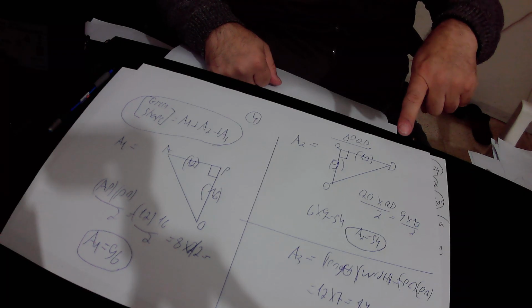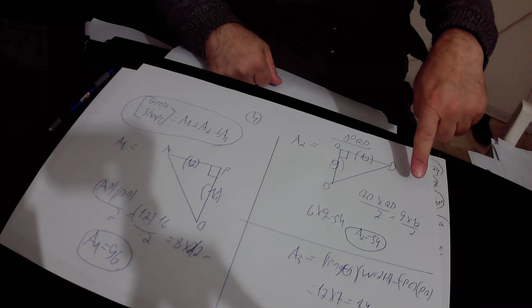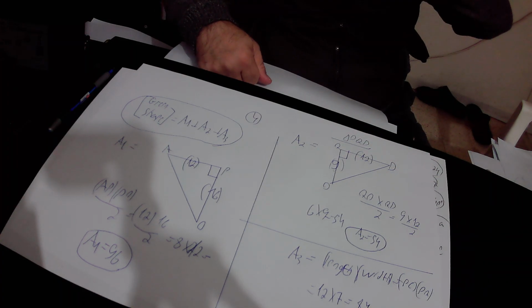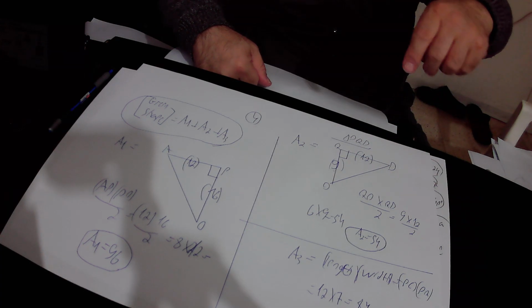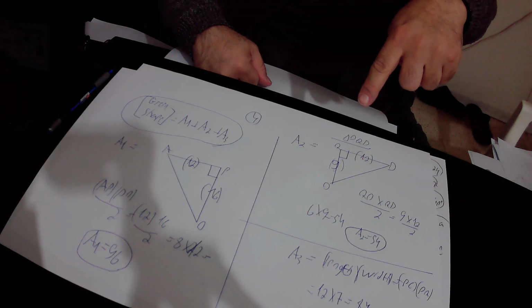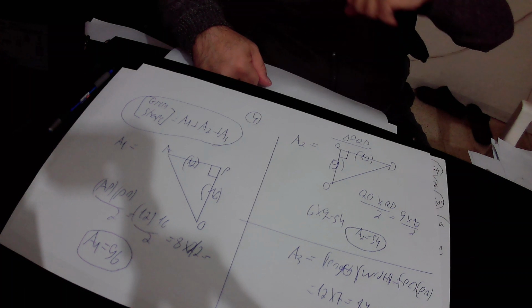So it is 9 times 12 over 2. 12 over 2 is 6. So in total this expression equals 6 times 9, that is 54. So A2 equals 54 square units. That is to say, the area of this right triangle QOD equals 54 square units.